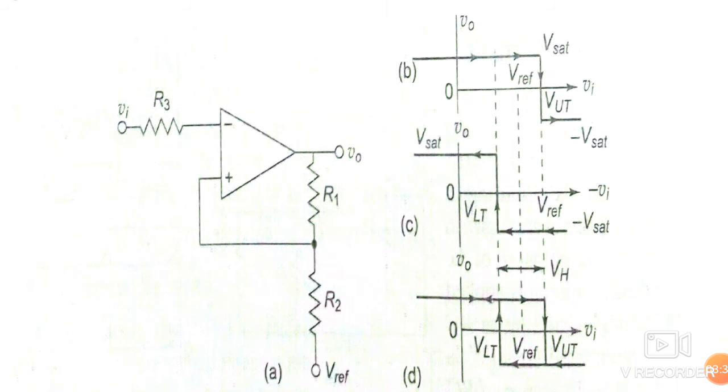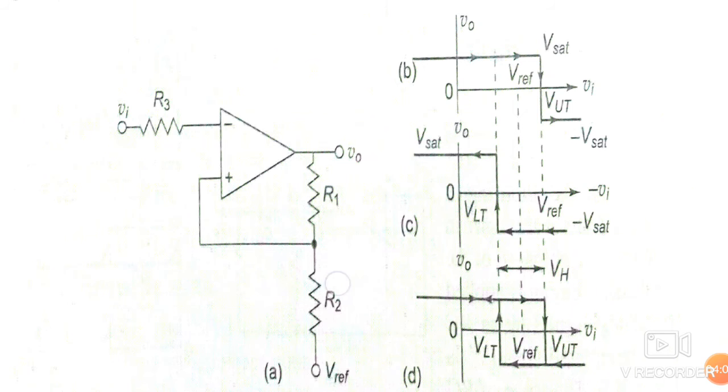The second output is in figure C. So let's say in the starting, output was minus Vsat in the second case. So output will go to plus Vsat when the potential of this point, that is the potential of the non-inverting terminal, called VLT, becomes less than the potential of the input voltage, that is Vi.